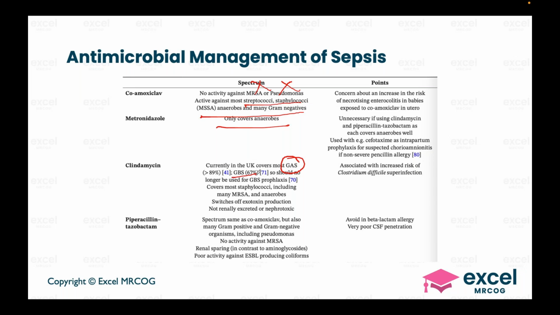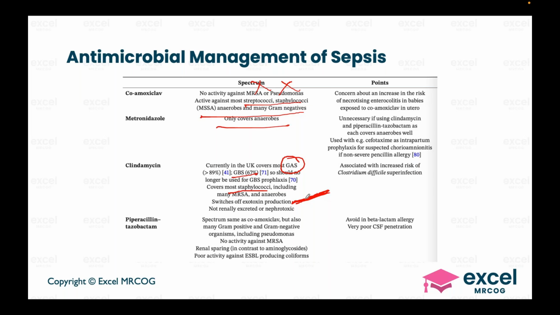It does cover most other gram-positive staphylococci, including many MRSA as well, and anaerobes. So it switches off exotoxin production. This is something that is important, a feature of clindamycin, which may be asked: why it is used in sepsis. First line is because it shuts down exotoxin production. So it will prevent toxic shock syndrome, because toxic shock syndrome is because of exotoxin production.